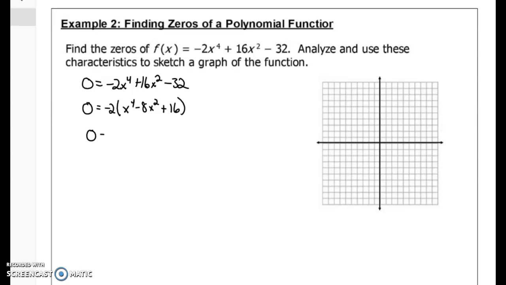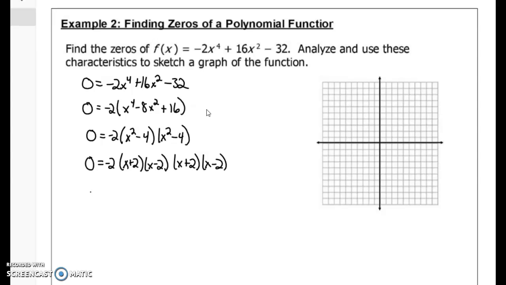So now I can factor inside the parentheses. This is a trinomial, so if I ask myself what multiplies to 16 and adds to negative 8, that's going to be negative 4 and negative 4. So that'll factor to x squared minus 4 and x squared minus 4. Okay, each of those parentheses then are difference of squares, so they factor to x plus 2, x minus 2 on each one.